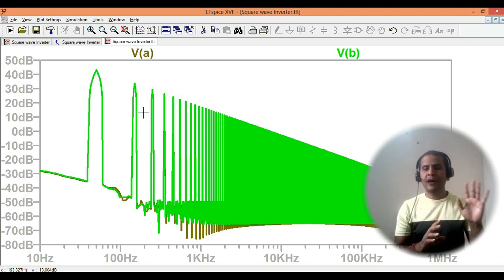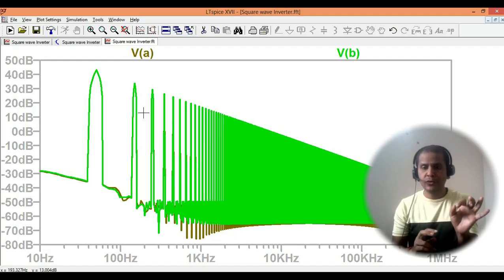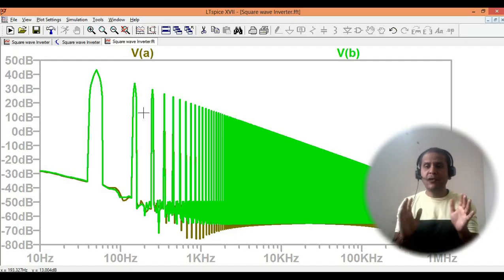Now what we saw in the THD calculation, we saw that we did not have any even harmonic components. They are very close to zero, and that's the same thing we can see in the case of FFT analysis, the fast Fourier analysis. We do have only the odd harmonic components present on it. We don't have any even harmonic components present.